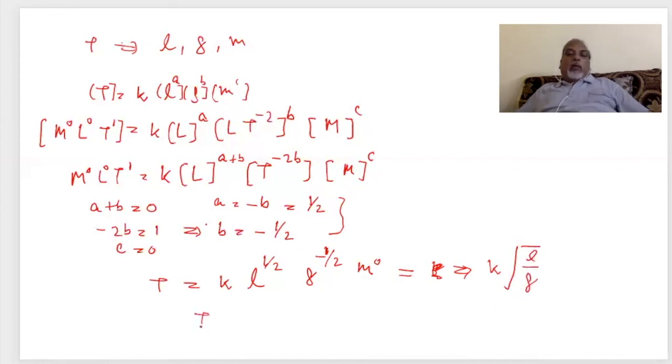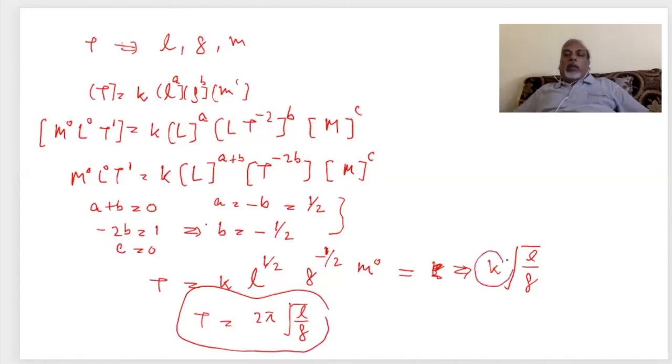And we know this formula as 2 pi root L upon g. So except the value of constant, you got the correct formula due to this dimensional analysis.